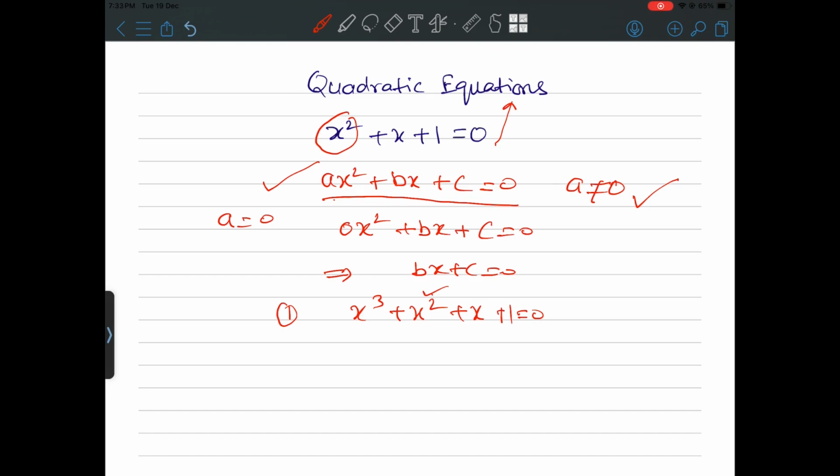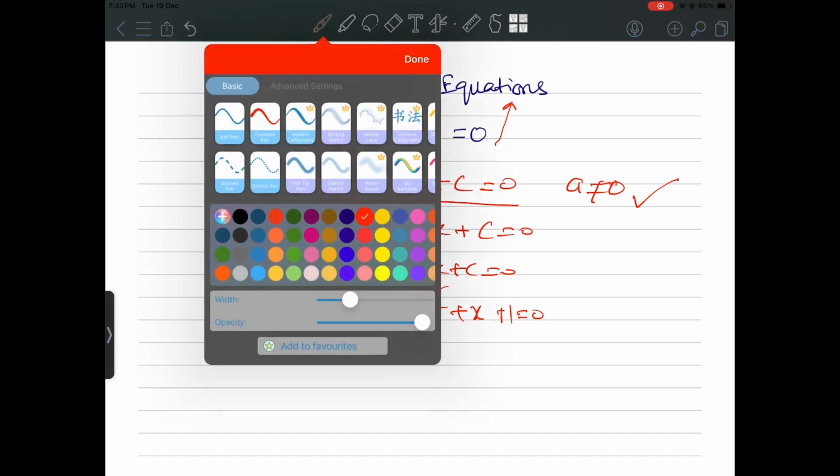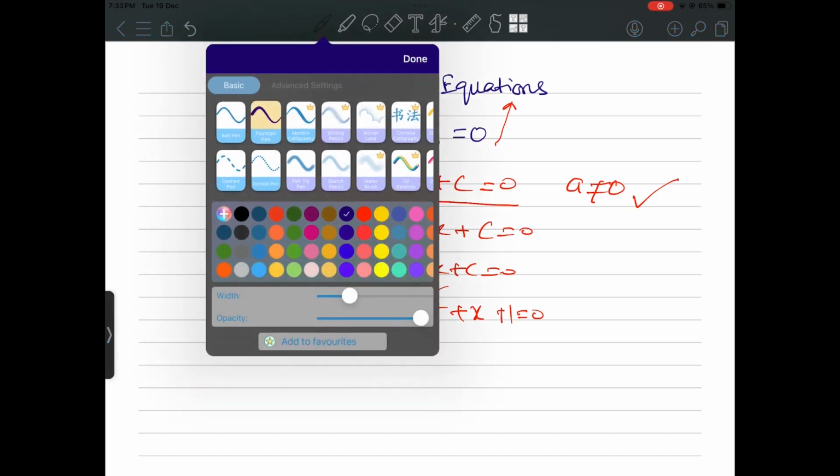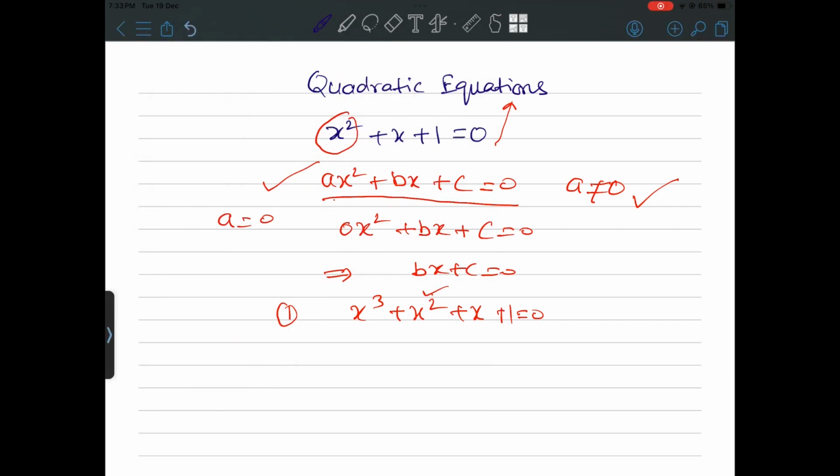No, because the definition of a quadratic equation is that the maximum power of x should be 2 only. It cannot be 3, 4 or whatever. So if there are extra terms in the equation having some other power like 3 or 4, then we cannot say that it is a quadratic equation.